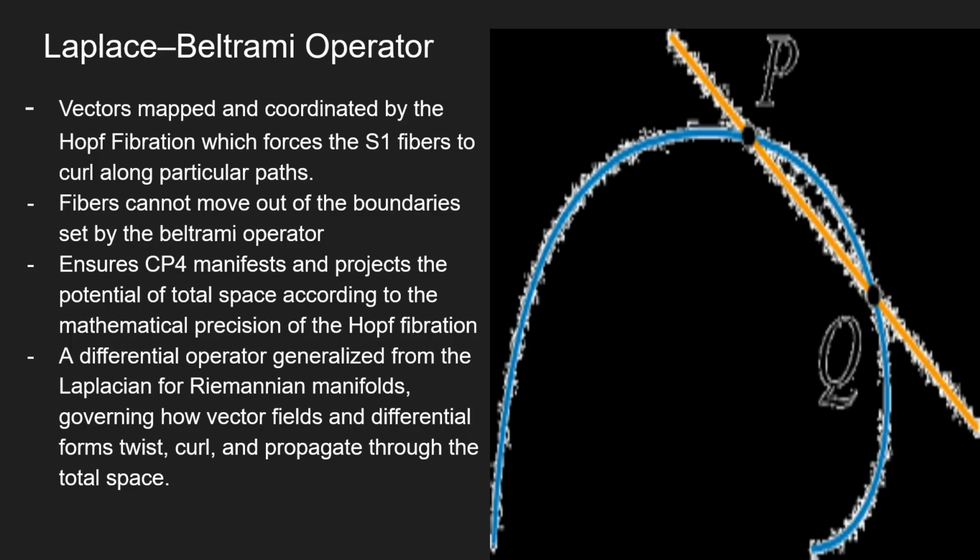So the S1 fibers can move any number of ways, but they have boundaries that prevent them from moving in ways beyond them. But within these boundaries, there is essentially another set of limitless or infinite ways that the S1 fiber could move.